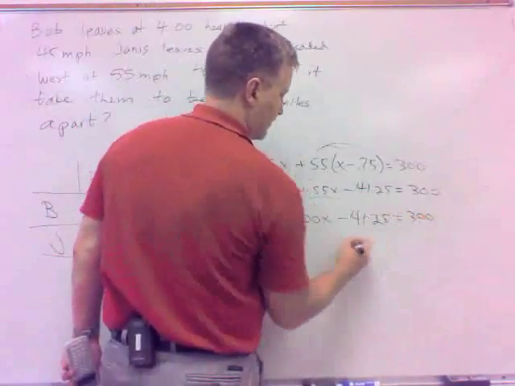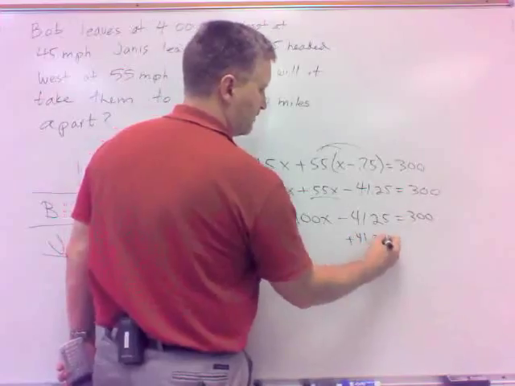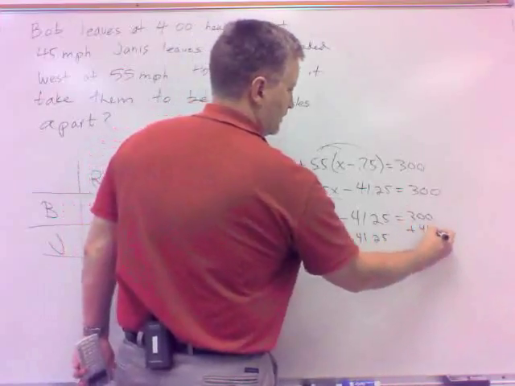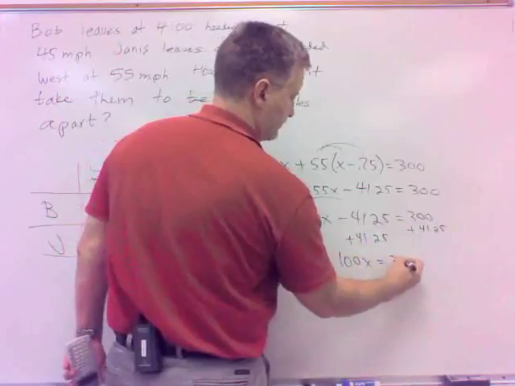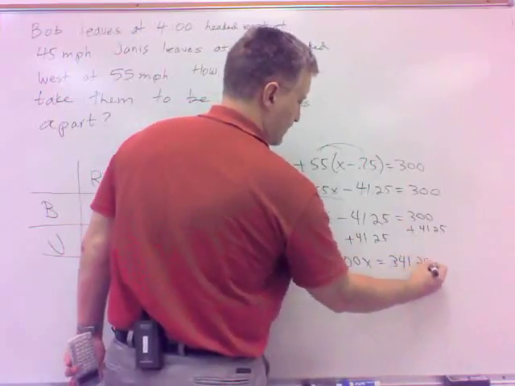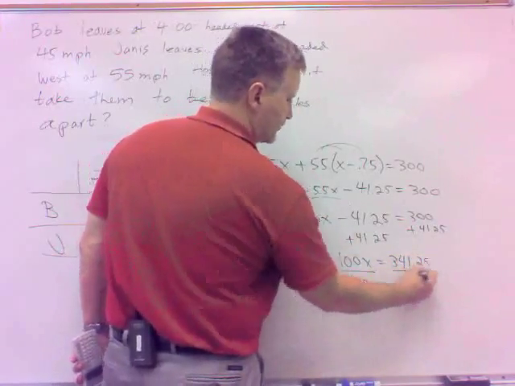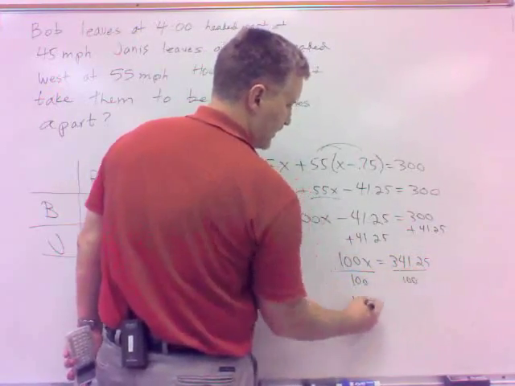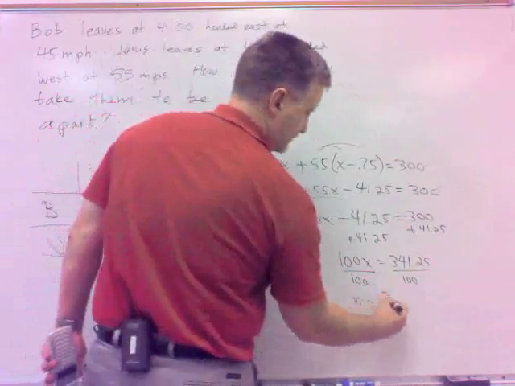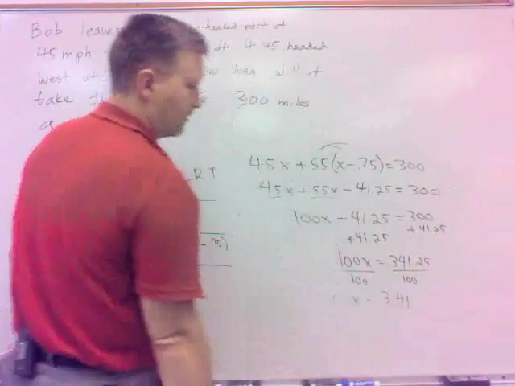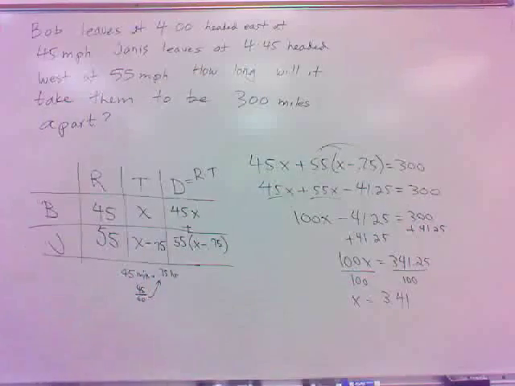Add the 41.25. So 100x equals 341.25. Divide by 100. And x is 3.41 or thereabouts hours.